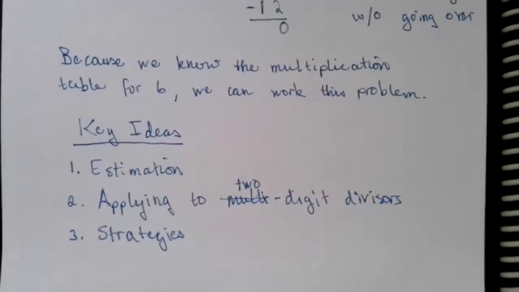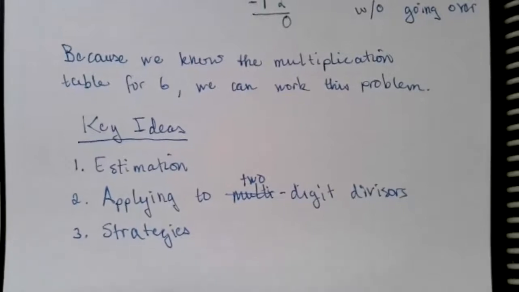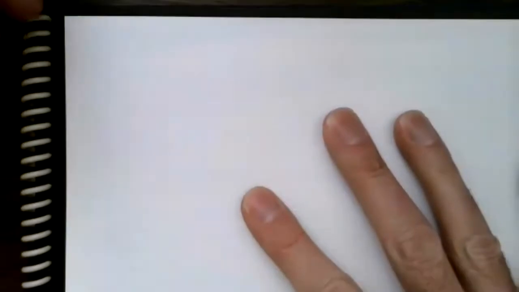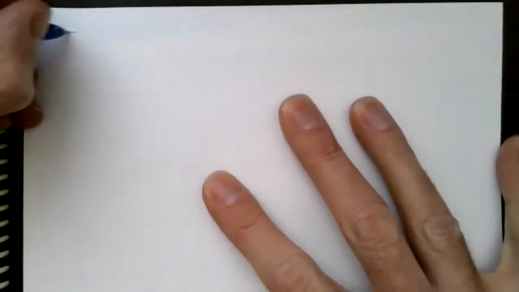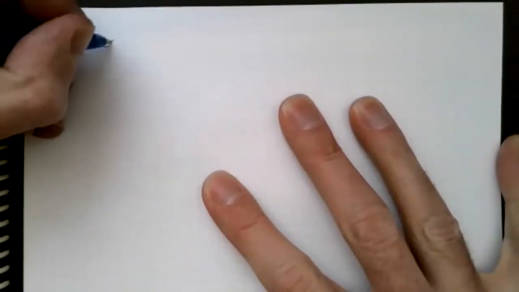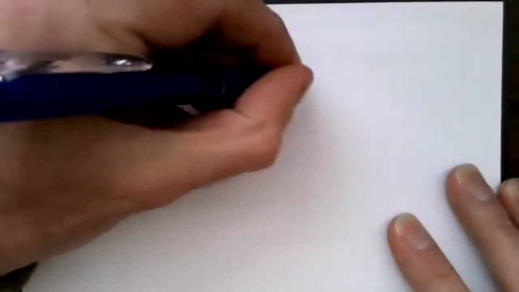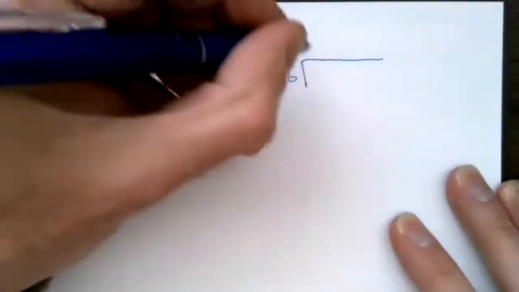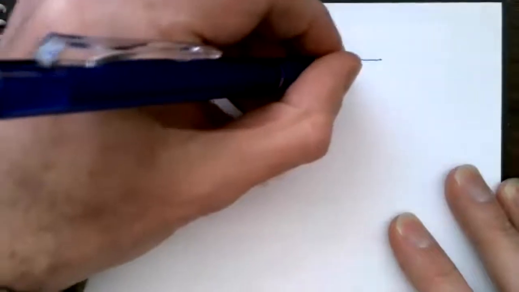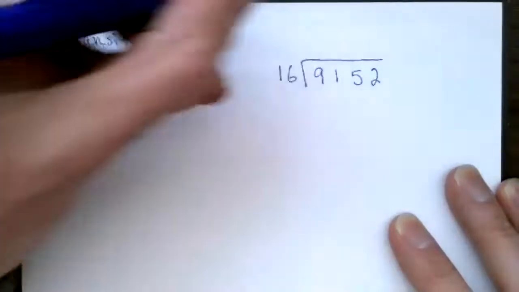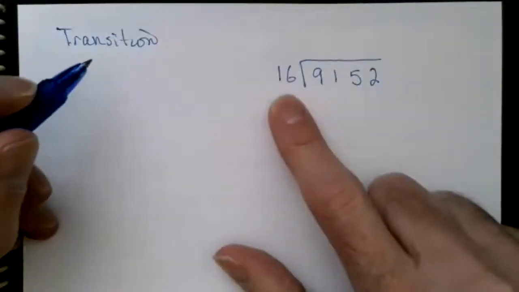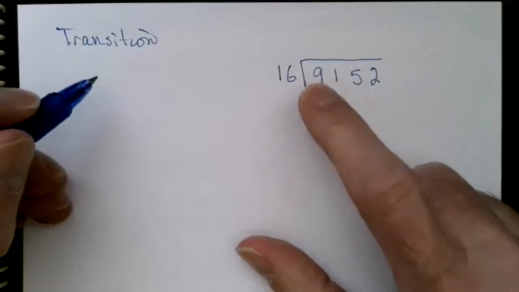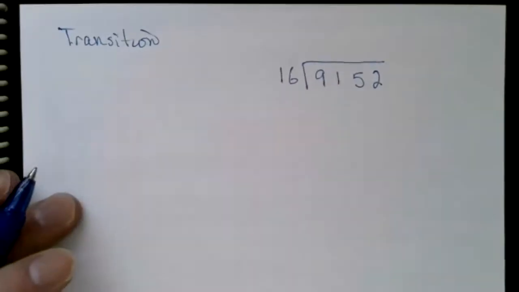Okay. So I want to do a transition problem here. Let's say we had this long division problem. We're taking 16 and dividing into 9,152.